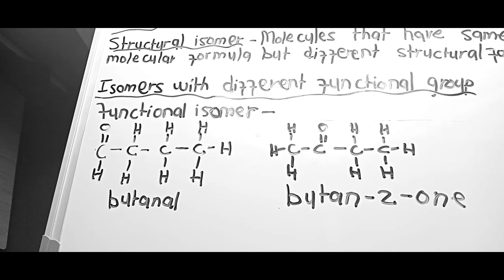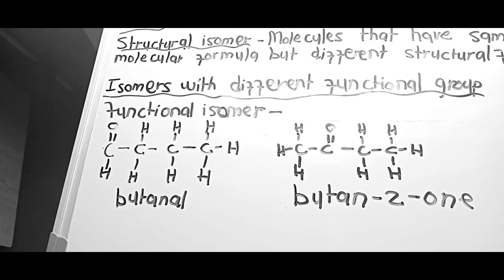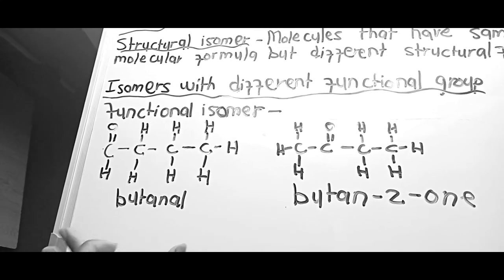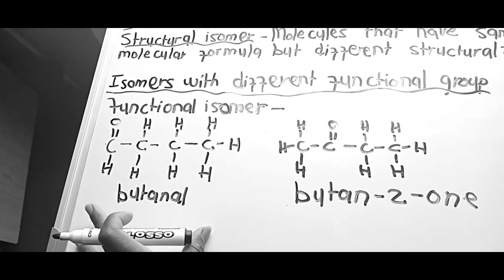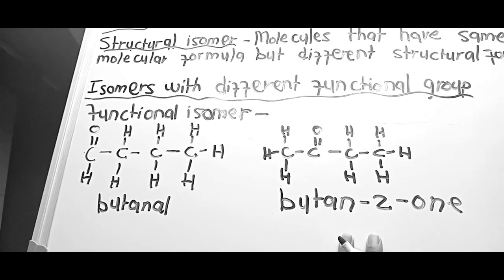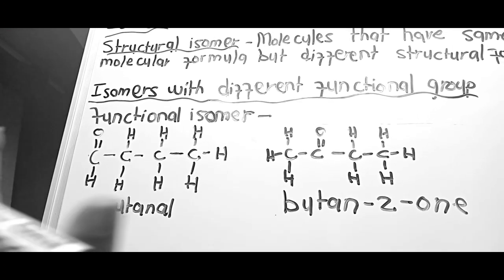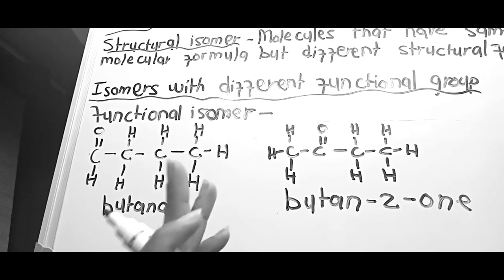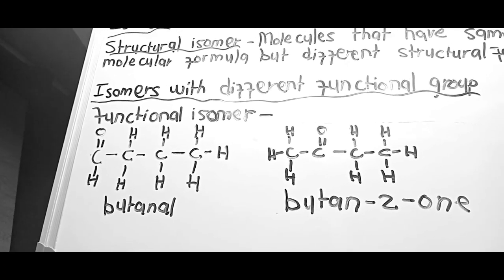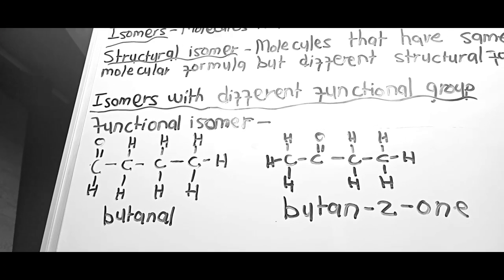Another example of functional isomers, I have butanal and butan-2-one. This is an aldehyde, and this one is a ketone. Remember, ketone and aldehyde are functional isomers because they have the same molecular formula but different functional group.